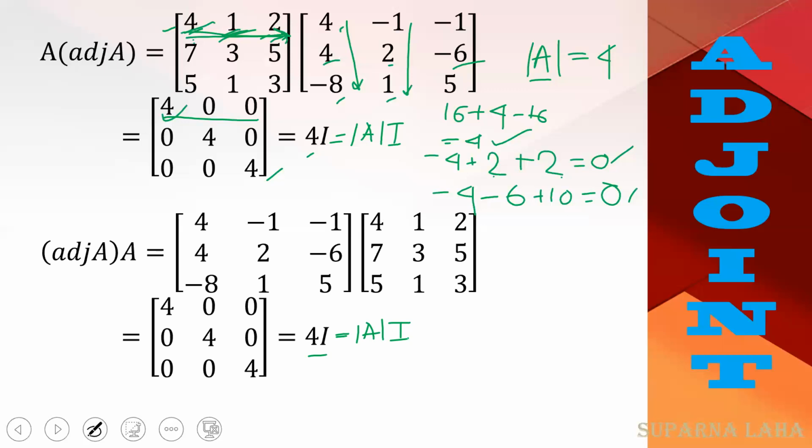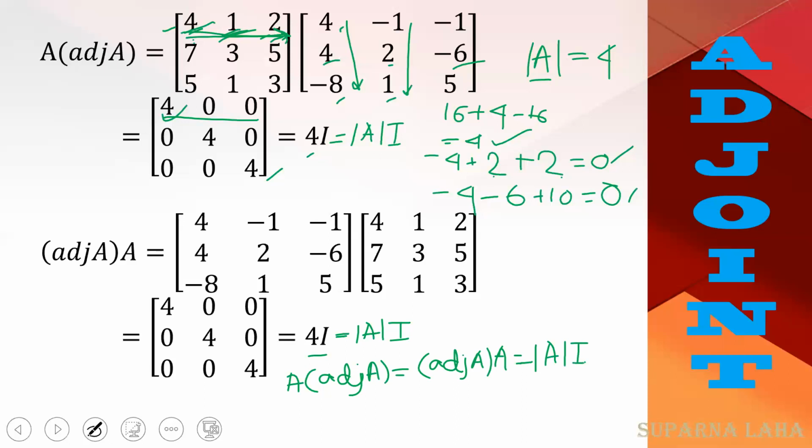Now look at here. What is the property? Just go through the video where we discuss the properties of determinant. Among the last 4 properties, there is one property, that is A into adjoint A is equal to adjoint A into A, which is given by determinant A into identity.